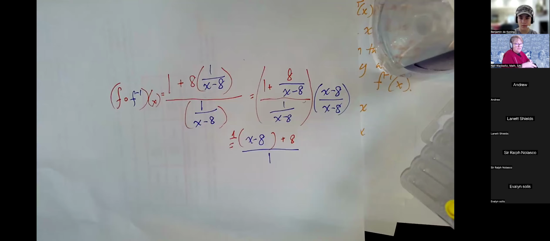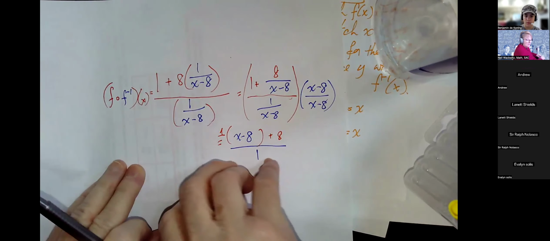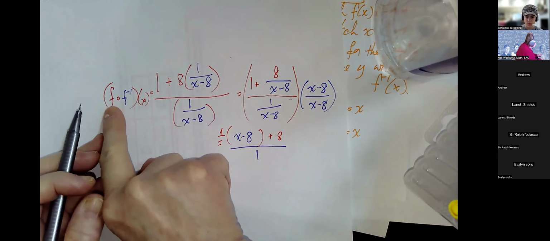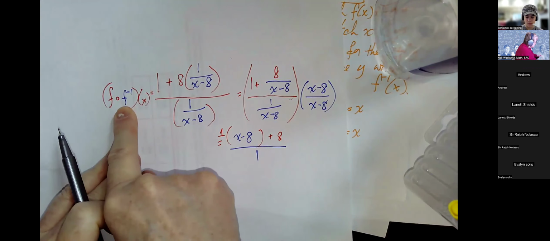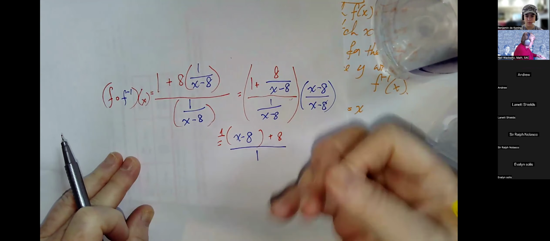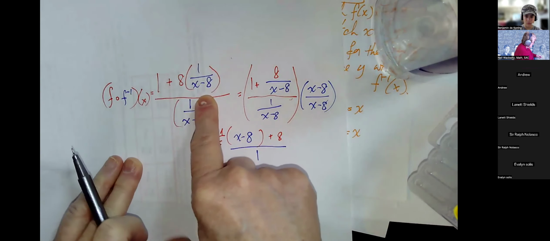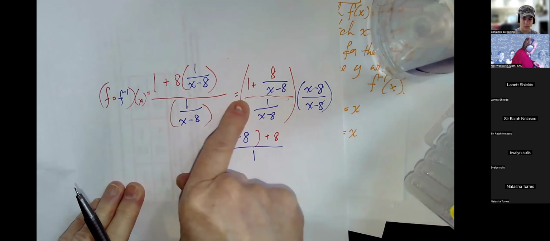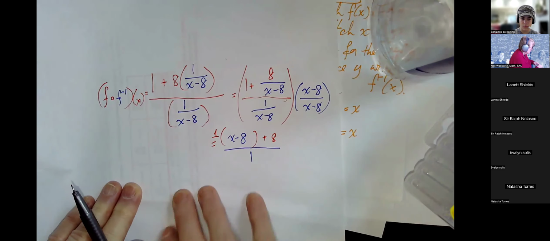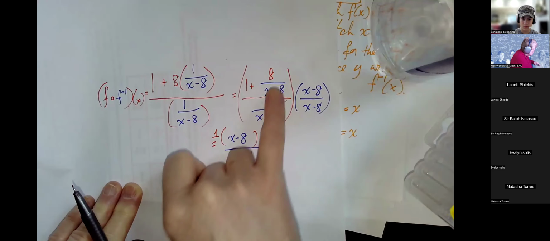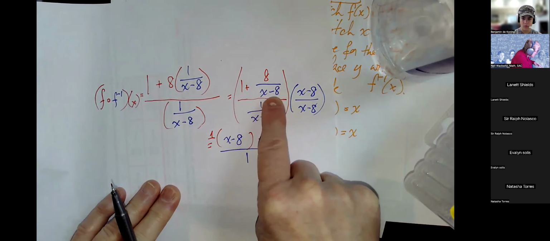Okay, I just wanted to show you so that you have it in your notes. So f of f inverse of x, we're going to put f inverse in for all the x's that were in the f formula. So we have 1 plus 8 times 1 over x minus 8, all over 1 over x minus 8. And just like y'all said, the inside denominator, the thing that makes this a complex fraction, is x minus 8.